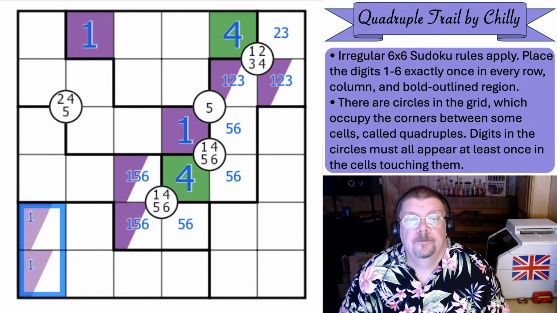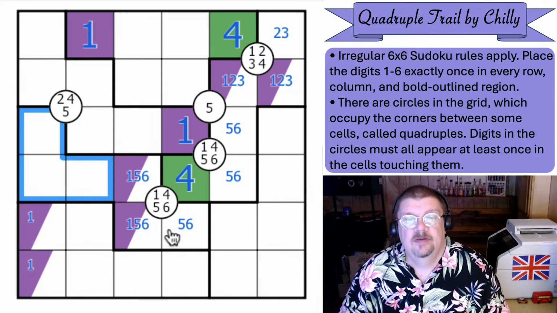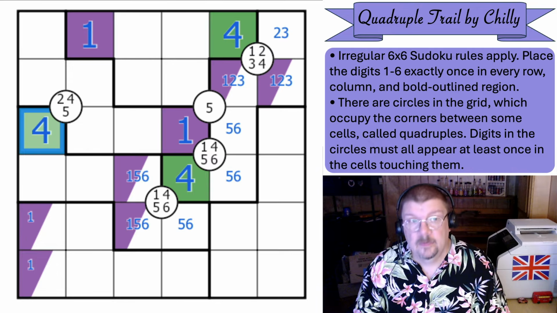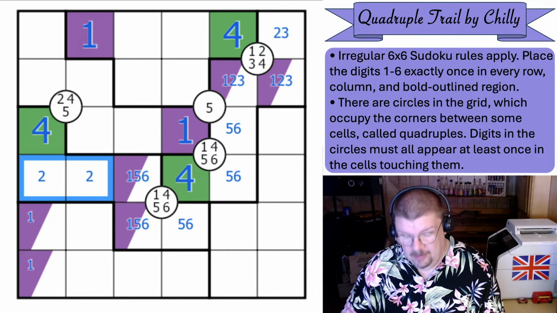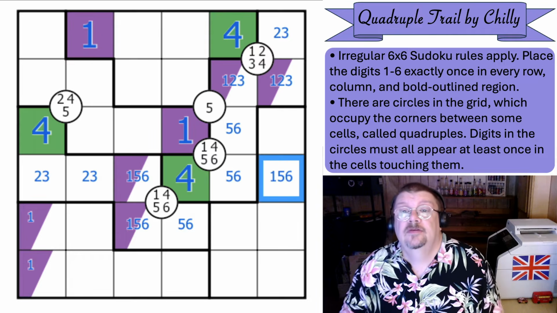Okay. These 3 cells, we have a 156 triple. Well, first of all, this 4 can't be in either of those two, so that has to be there. These 2, therefore, are a 2-3 pair, and this is now 1, 5, or 6.